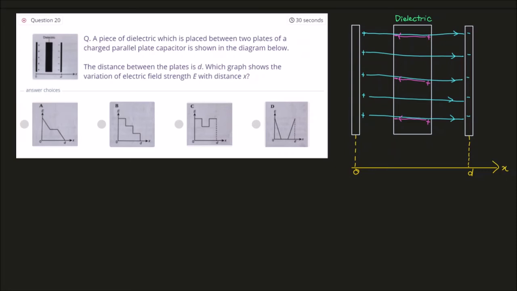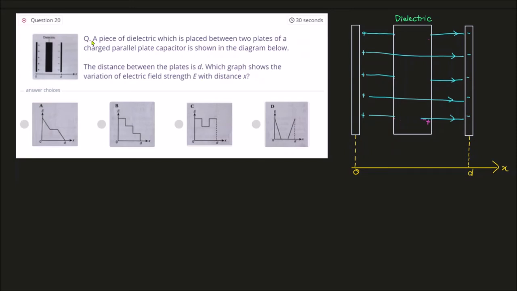Because you have an electric field in the opposite direction, essentially you can think of it as the two opposite direction electric fields cancelling each other out. So essentially you might see something like this. They sort of cancel out. If I cancel, I should probably remove the induced charges as well. So something like this.